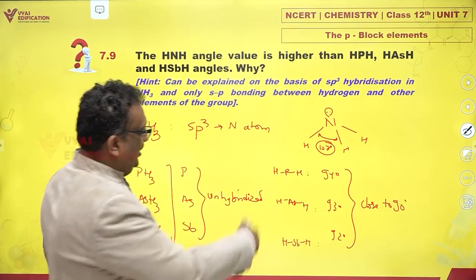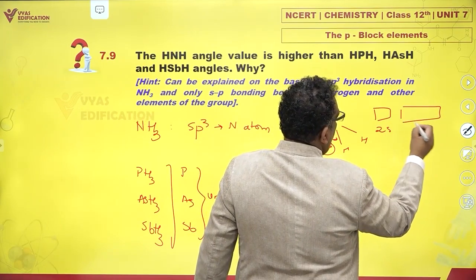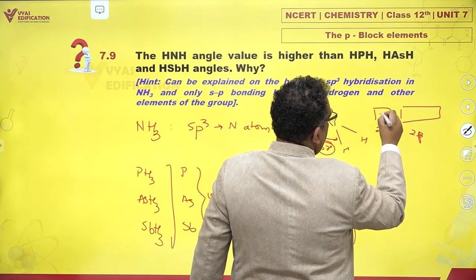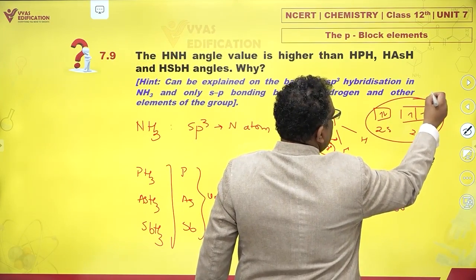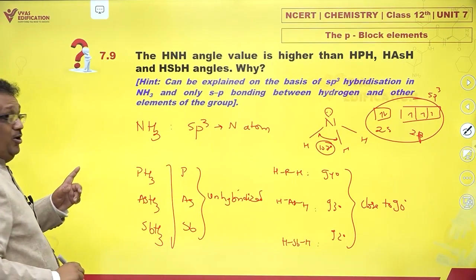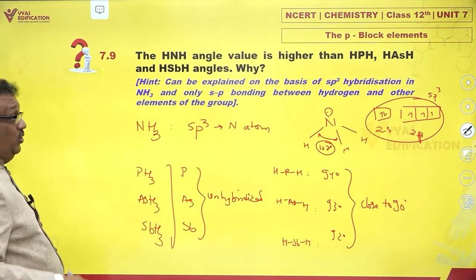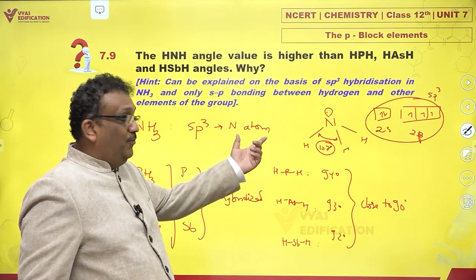So, in the case of nitrogen, what happens is you have 2s and 2p, and they mix and you get sp3. These sp3 hybrid orbitals of nitrogen overlap with s orbitals of hydrogen to form ammonia.